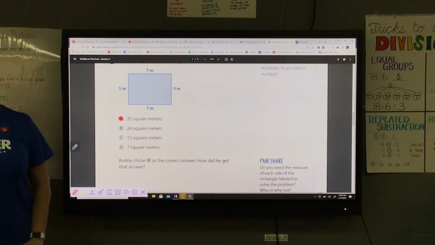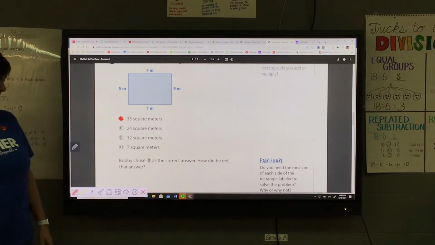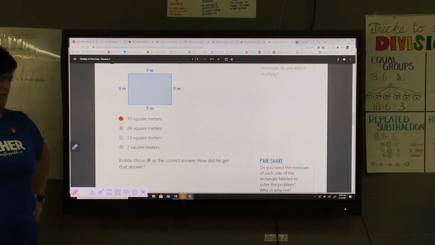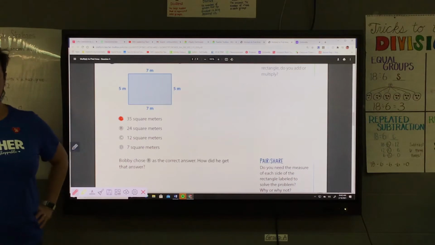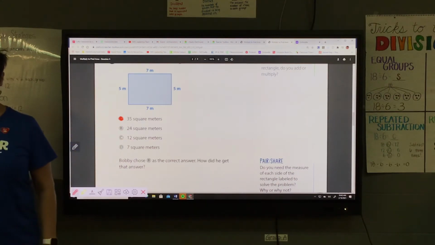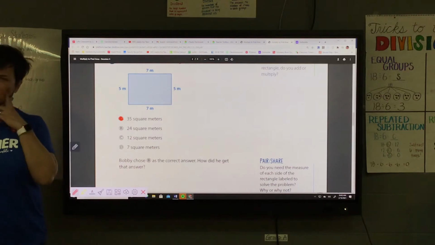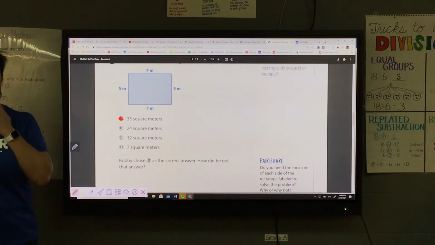All right, this is one of those where someone else chose the wrong answer. So look down here. Bobby chose B as the correct answer. Can you figure out what he did wrong? Because he's saying that it's 24 square meters. What did Bobby do?